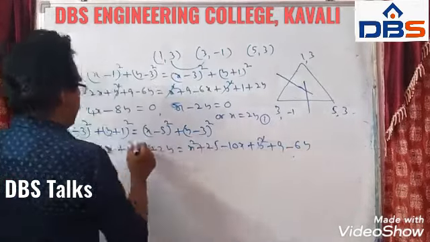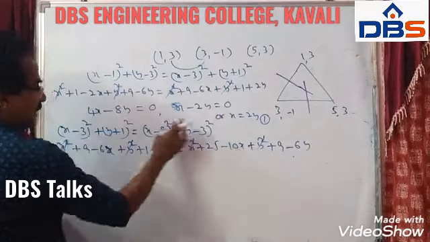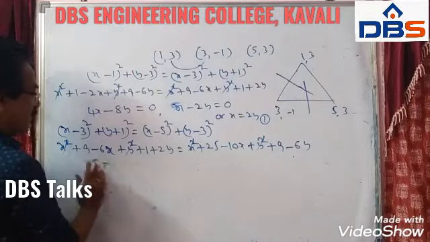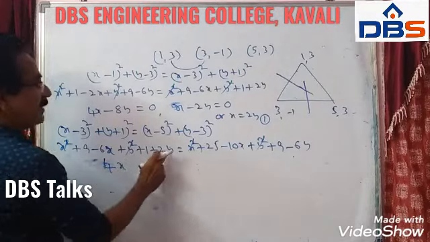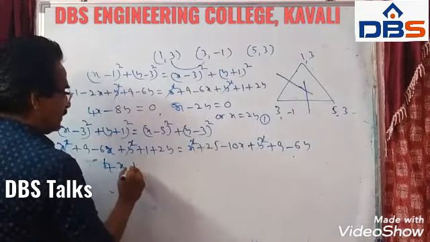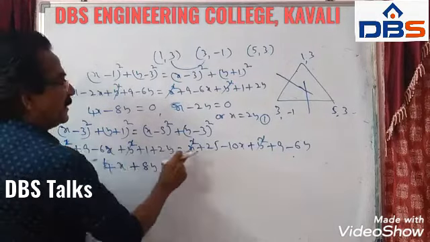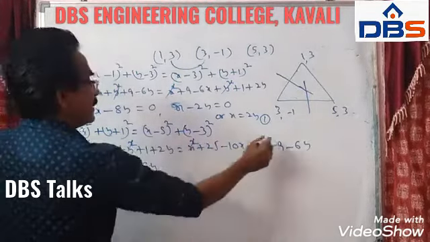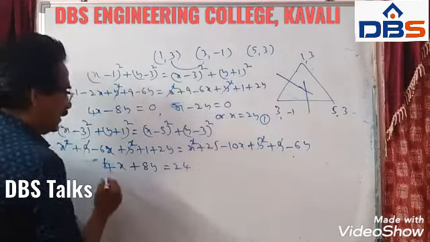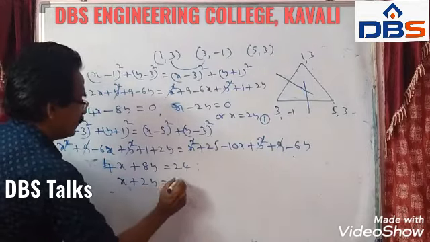The y square and x square cancel. Minus 6x, and minus 10x comes to the other side as plus 10x: 10x minus 6x, 4x. Plus 2y and plus 6y, 8y. 9 plus 1, 10, the 9 gets cancelled. 25 minus 1, 24 is equal to 24. On dividing by 4 we get x plus 2y is equal to 6.